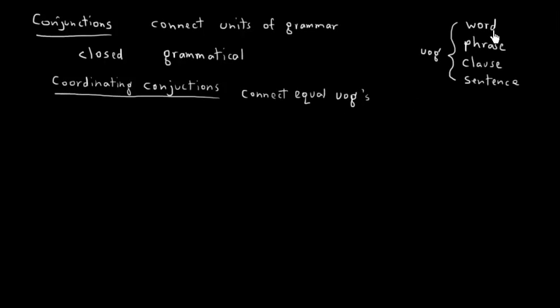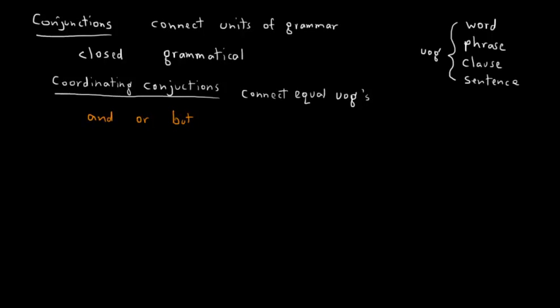So they can connect two or more words, two or more phrases, two or more clauses, two or more sentences. And the most common ones are and, or, and but. There are others, but those are the three most common.